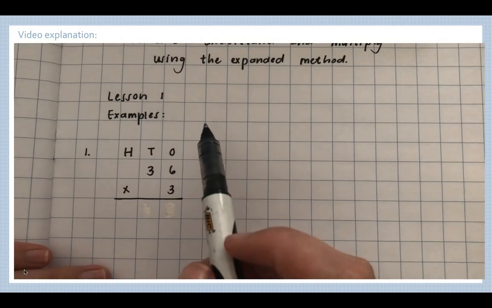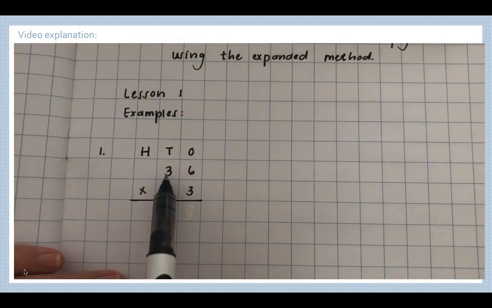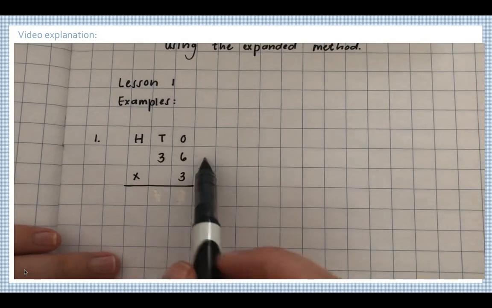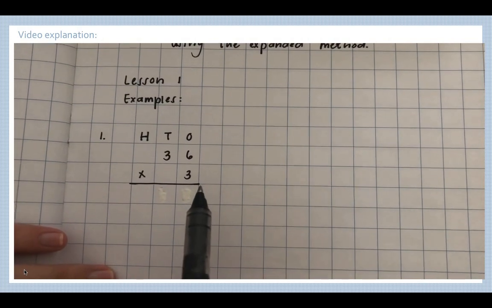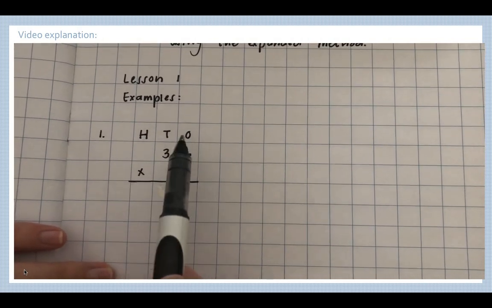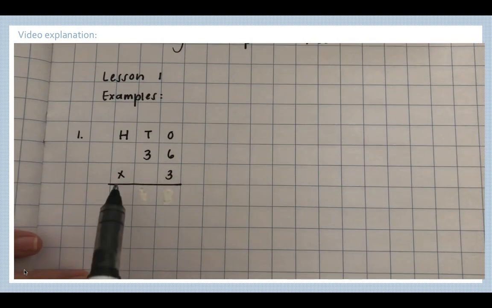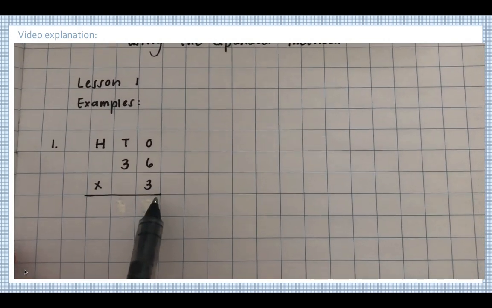So when you do expanded method for multiplication, you have to write each number in a block. Okay, so all of this that I wrote down was your first step in the video, where you use your place value, or you write down your ones, tens, and hundreds, you write down your numbers, you remember your multiplication symbol, and your equal line.